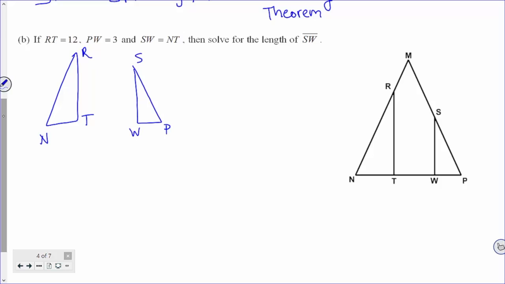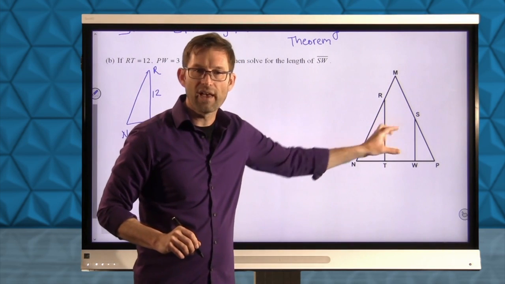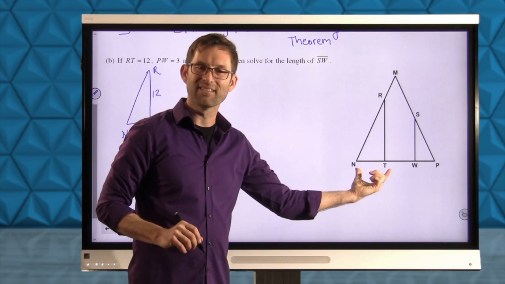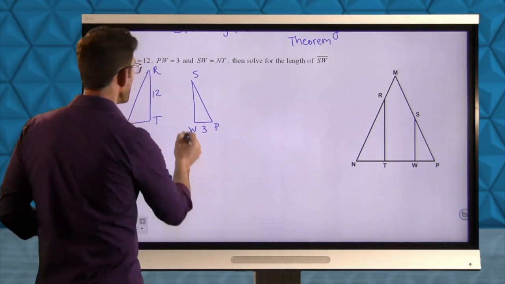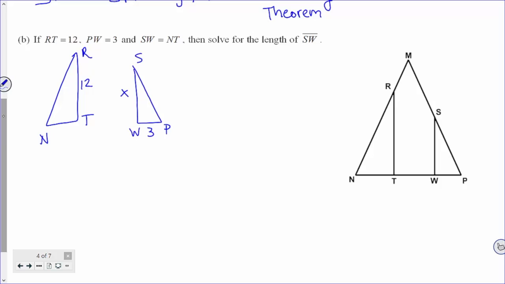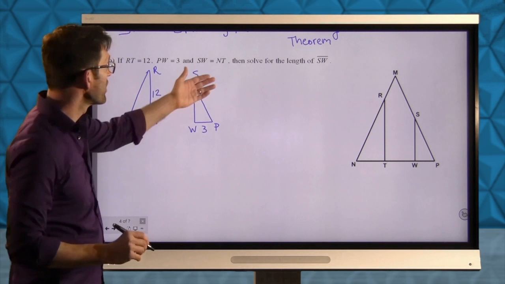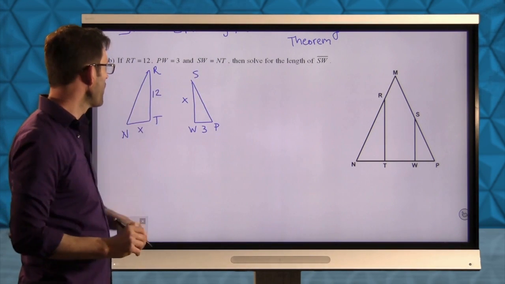We're told that RT is 12 and PW is 3 and SW is equal to NT. So they're telling me that this length, SW, is equal to this length, NT. Maybe I'll call them both x, since I need to solve for the length of SW.